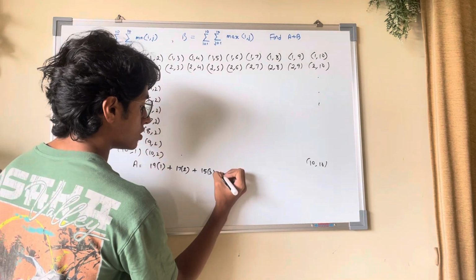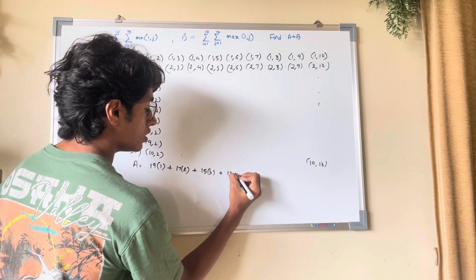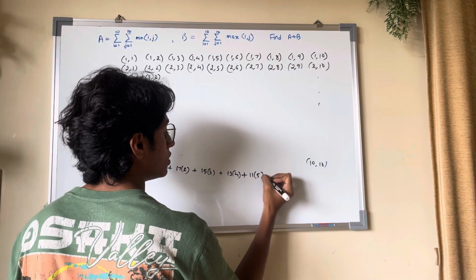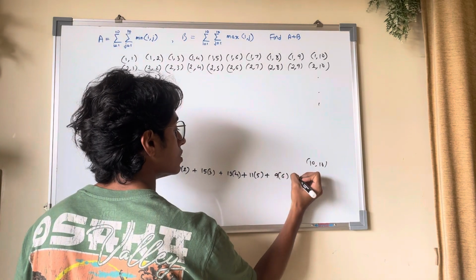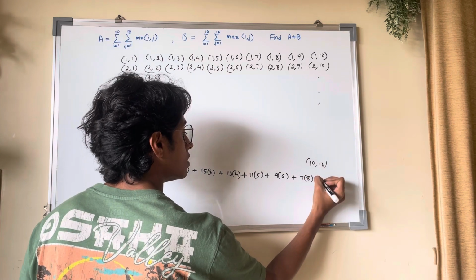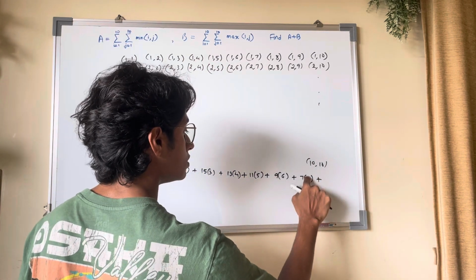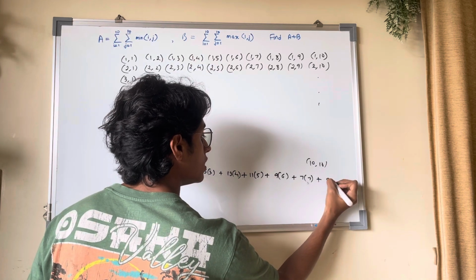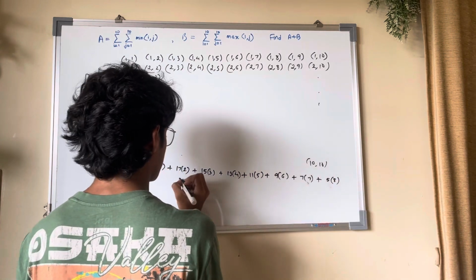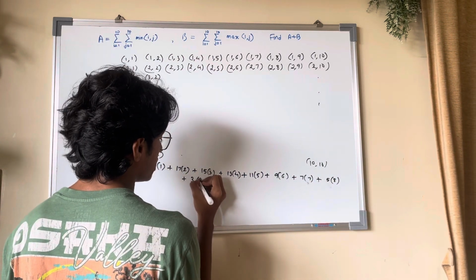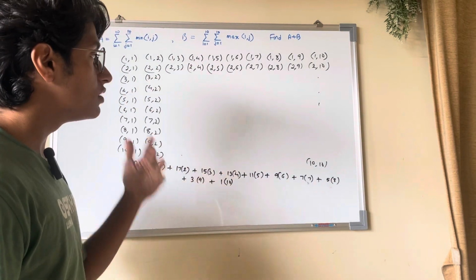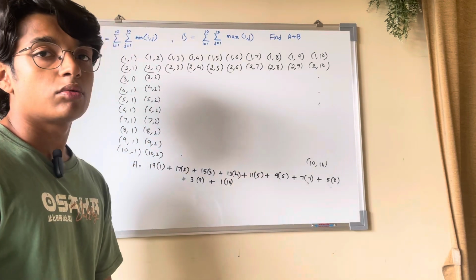So the next will be 13 times 4, 11 times 5, 9 times 6, 7 times 7, 5 times 8, then 3 times 9, and 1 time 10. We can also count individually, but it will take much of our time.